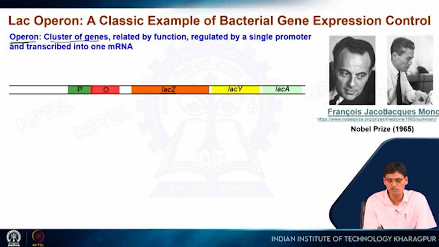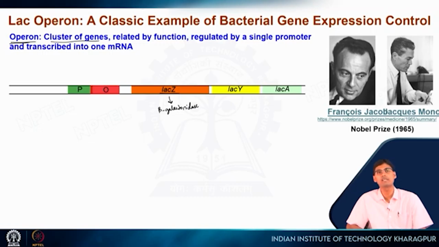So gene means some sequence present in DNA, and it will make some product after transcription and translation. LacZ will make a protein, particularly an enzyme called beta galactosidase. This is the product of LacZ.